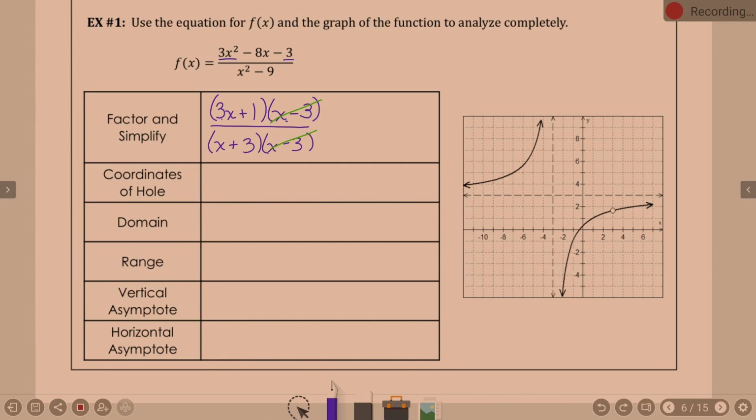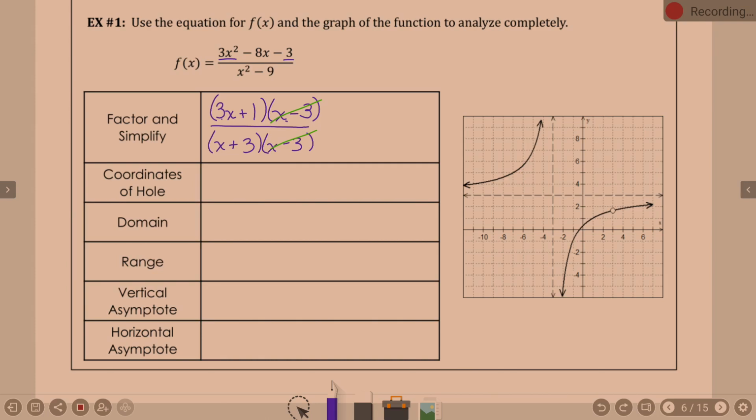Coordinates of the hole. There's a hole. How do I know there's a hole? Looking at the factors, you have the ones that cancel. When you have a factor on top and bottom that cancel, what's that factor represent over here? That represents that there is a hole.